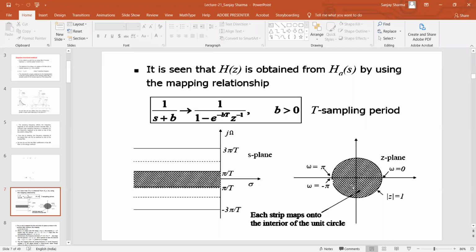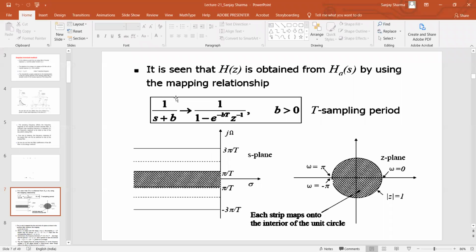That's the meaning of the mapping. Now the next strip, from pi by T to 3 pi by T, will also occupy the same unit circle space. The strip from minus 3 pi by T to minus pi by T will occupy the same unit circle space, and so on.